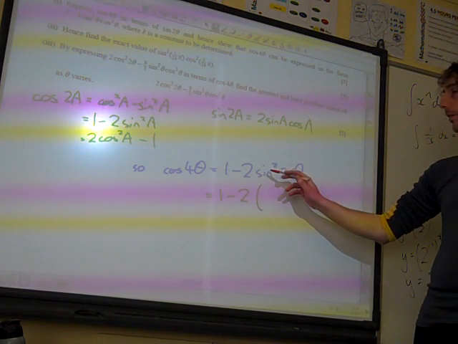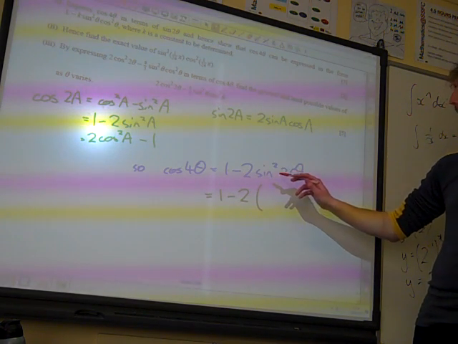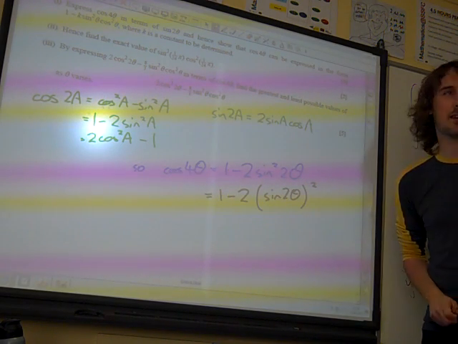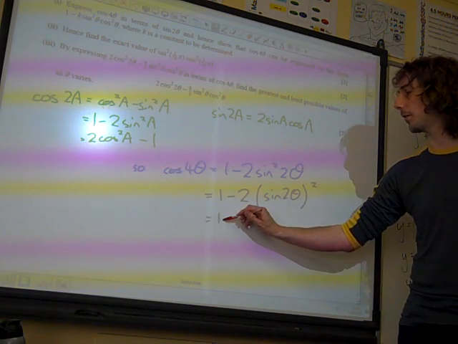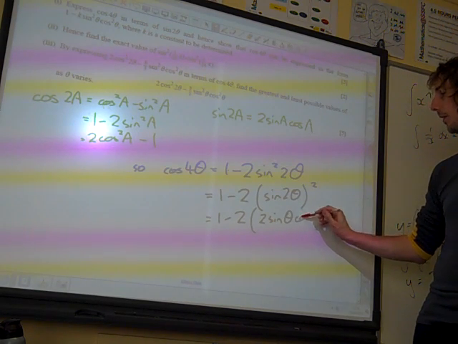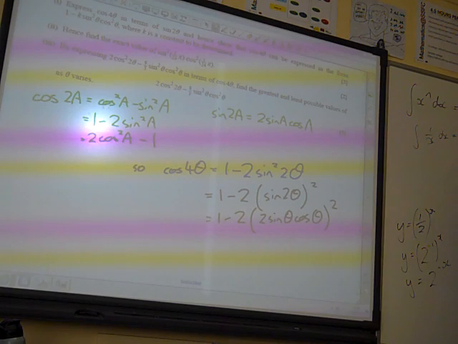Sine squared, hang on, what am I doing with this? Sine squared, oh yeah, let's work with that first. I know we know that, but let's just put it there like that first. So we've got 1 minus 2 sine theta cos theta, all squared. Now we can deal with that squared bit.